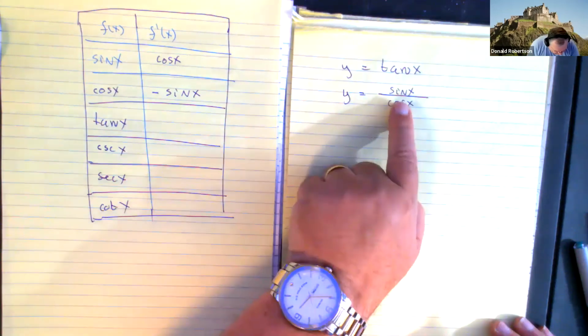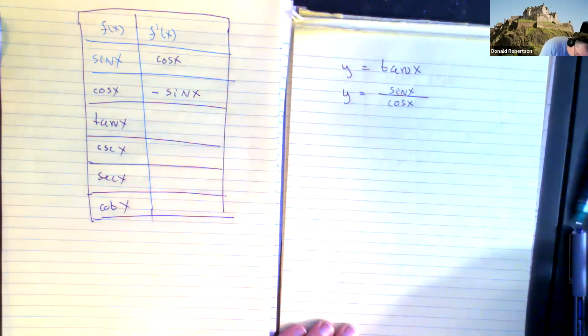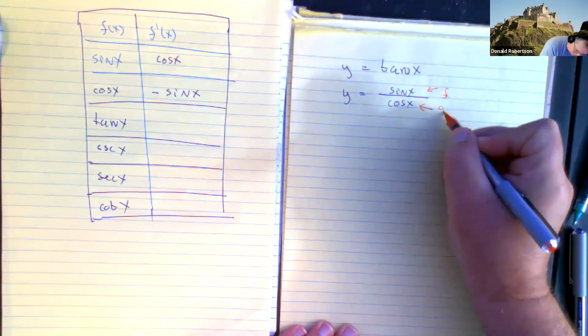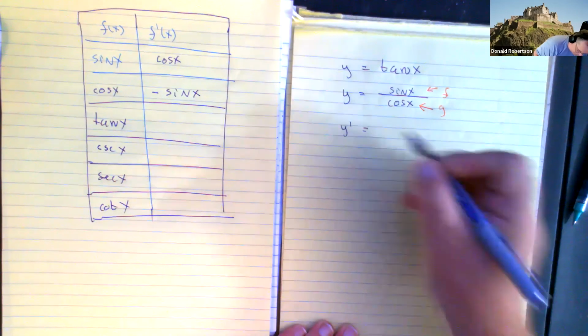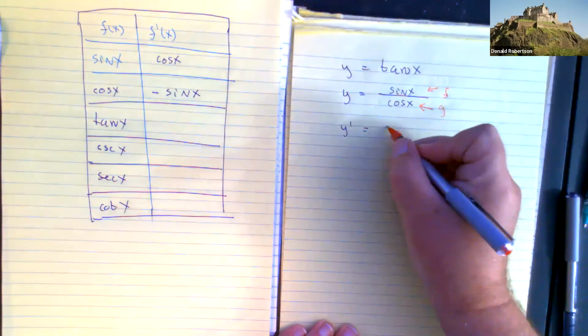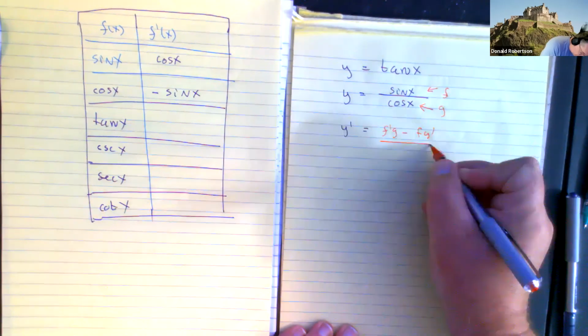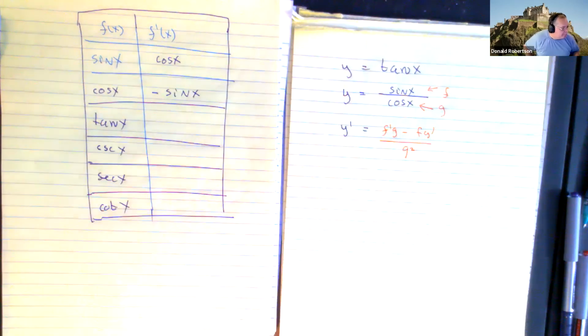The advantage of doing this is that I can now do the quotient rule. And the quotient rule says that the derivative is f dash g, take away f of g dashed, all over g squared. And I know what the derivative of sine and cosine is, right? So I can do that.